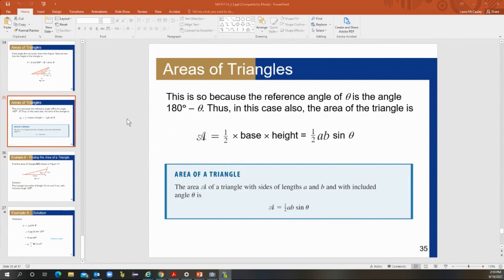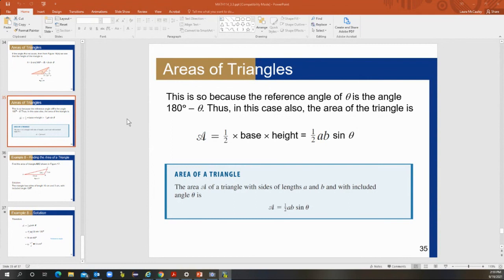So what you're technically doing is you've got this theta here. So notice that the sine of theta would be opposite, this is the height, over the hypotenuse. Let's call him A for now.